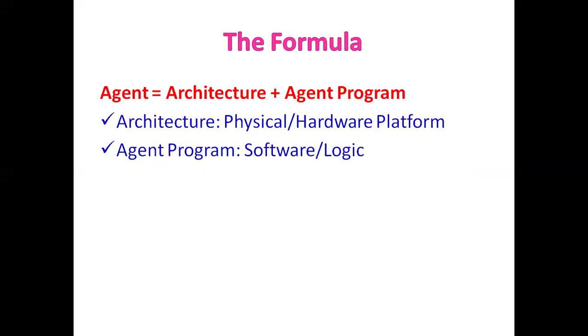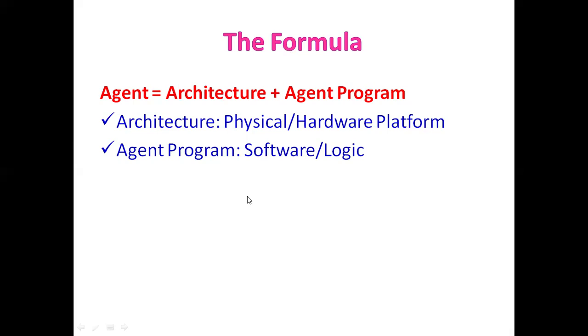Next, we have the formula: agent equals architecture plus agent program. So the agent is the combination of its architecture and the agent program. The architecture refers to the physical or hardware platform on which the agent operates, such as a robotic body, sensors, or computing devices. This hardware enables the agent to interact with its environment through perception and action.